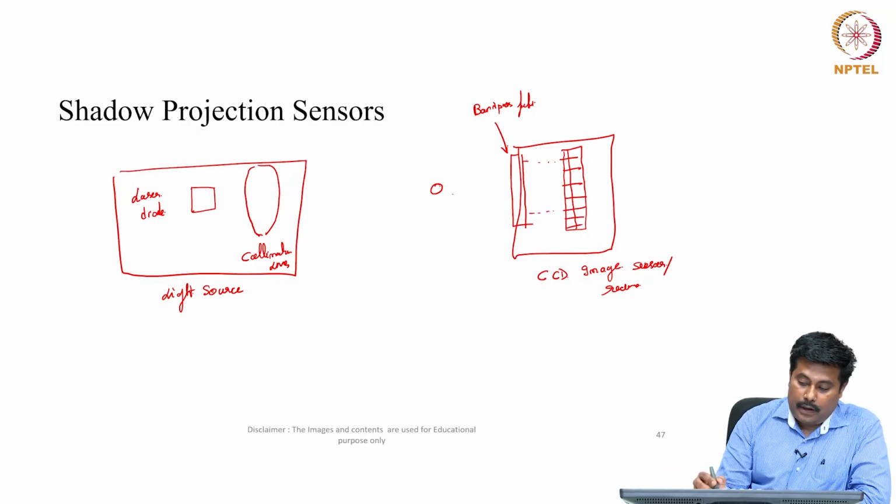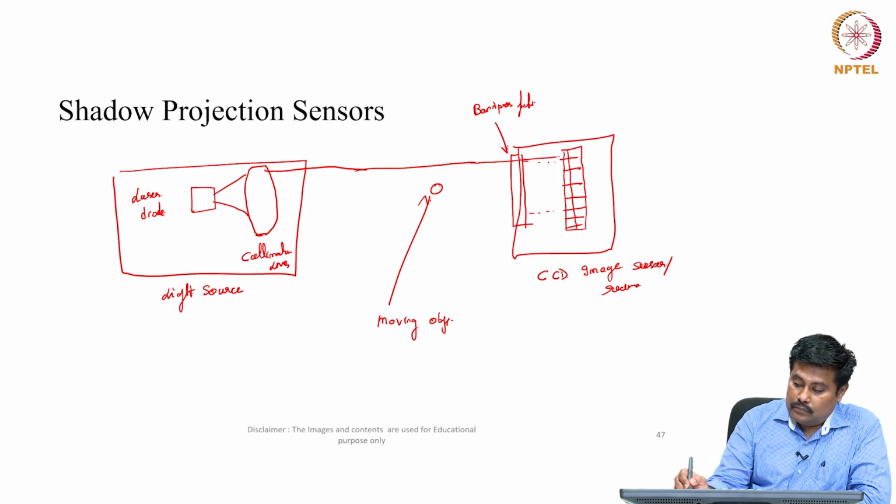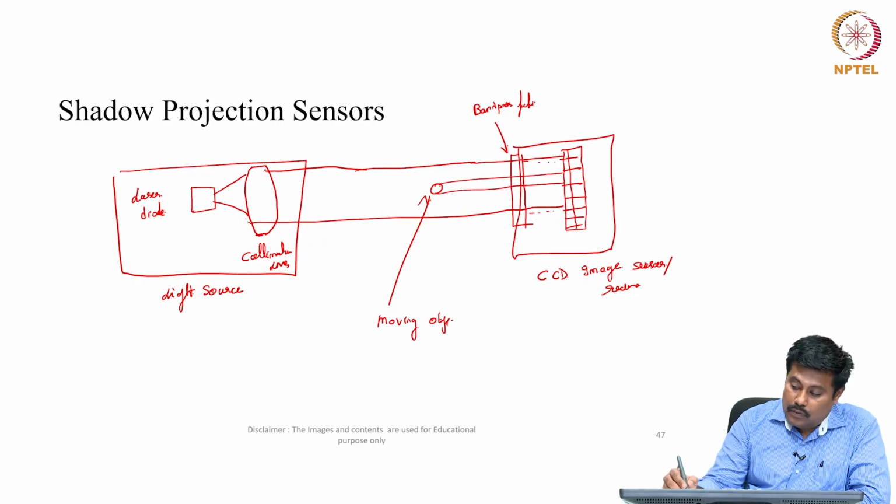So let us consider an object is moving, and this is the projected shadow, and this is the moving object.